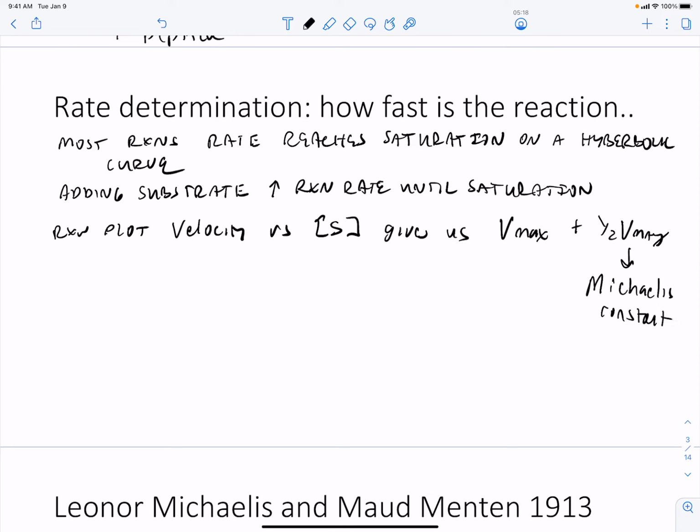And this constant is really telling you what is the concentration of the substrate that produces a rate of 1/2 the Vmax. So 1/2 of your enzymes are bound to the substrate.